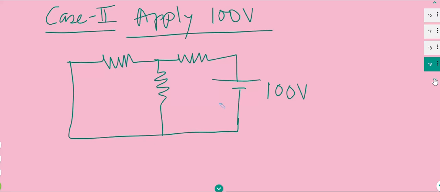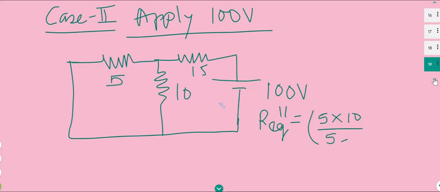If internal resistance is given, you have to draw here that particular value of resistance. 5, 10, 15. Now in this case also you will first find R equivalent double dash, that will be 5 parallel 10, that means 5 into 10 divided by 5 plus 10, in series with 15, plus 15. So here you will get the answer 55 divided by 3 ohm.